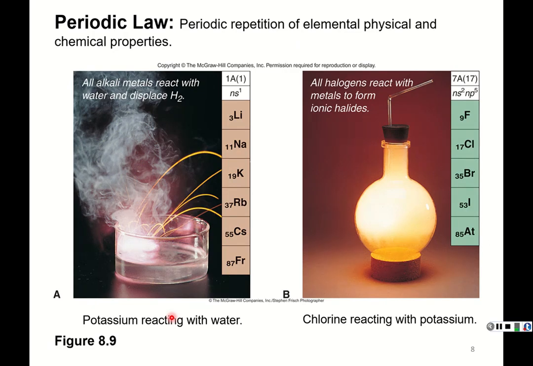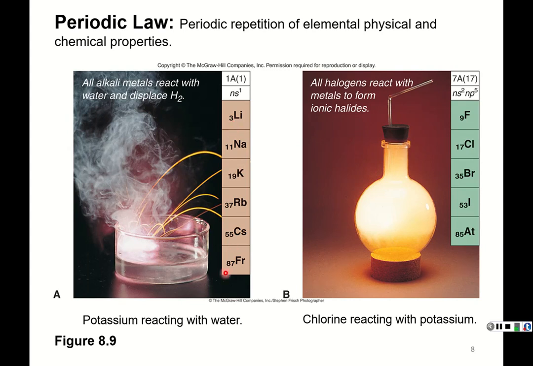Periodic law is the observation that there's repetition of physical and chemical properties in elements. So things like the alkali metals will react with water very violently to displace H2. That was noticed, right?